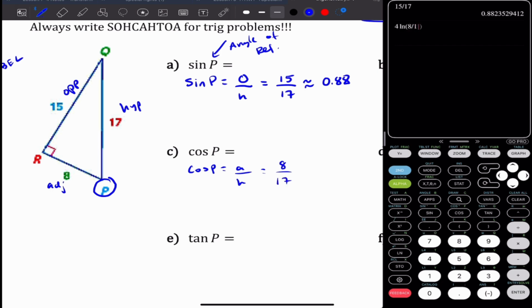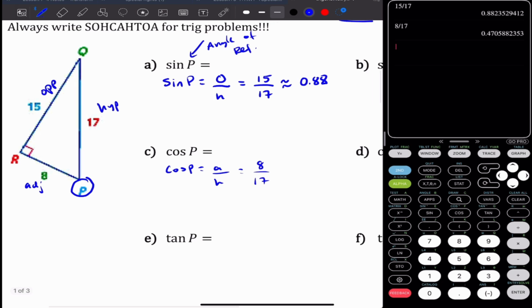So using my calculator, 8 divided by 17, that's 0.470. Round to the nearest hundredth. That 0 is going to dictate that 7, but the 0 doesn't really change the hundredths place at all. So that's just approximately 0.47. Okay, that's your answer.